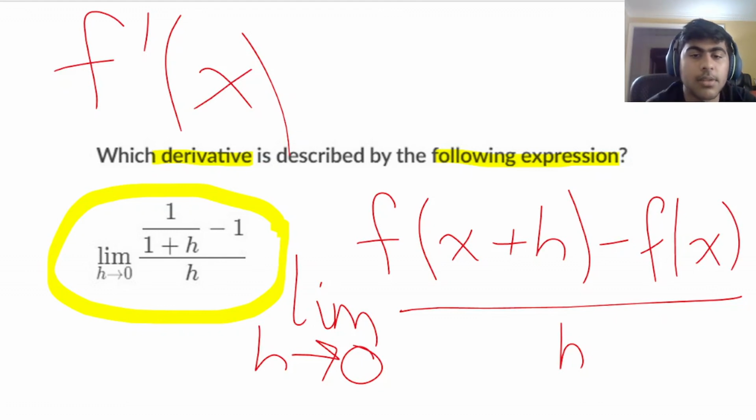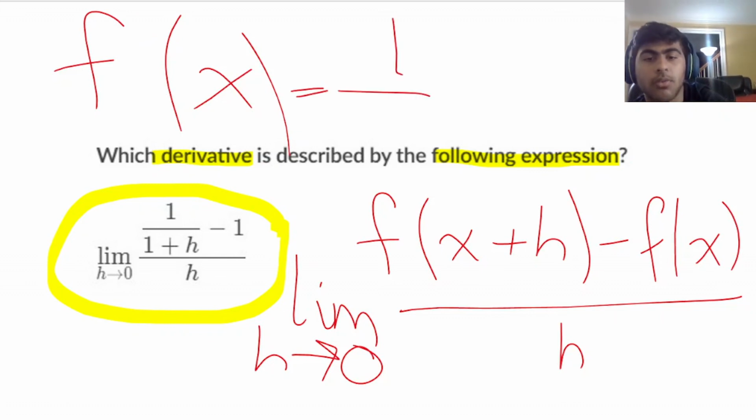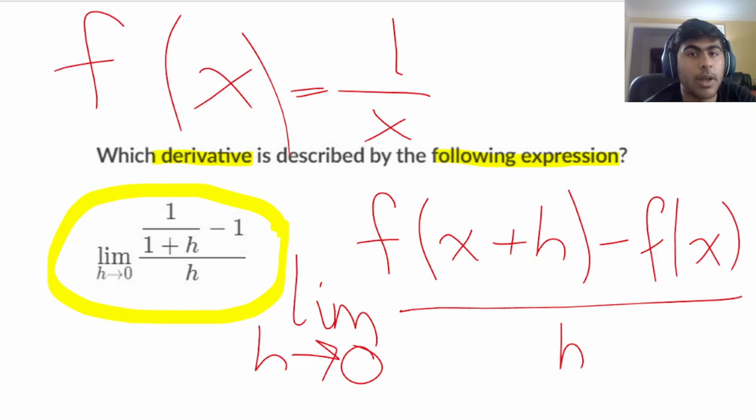Now all we have to do is figure out what f of x is, or what f prime of x is, right? Now, let's see. If f of x plus h equals 1 over 1 plus h, and f of x equals that minus 1, well, a function that I see is f of x equals 1 over x. Right, do you agree with that? And we're evaluating that at x equals 1, right?